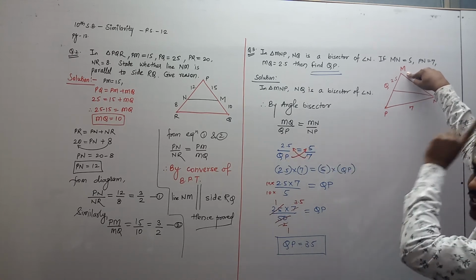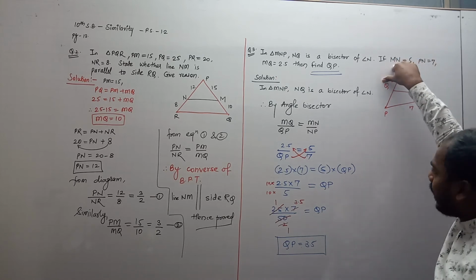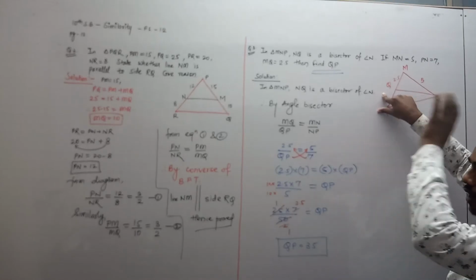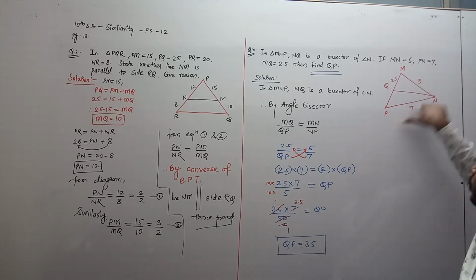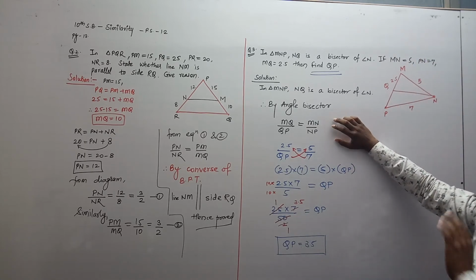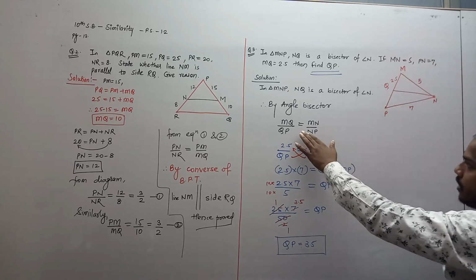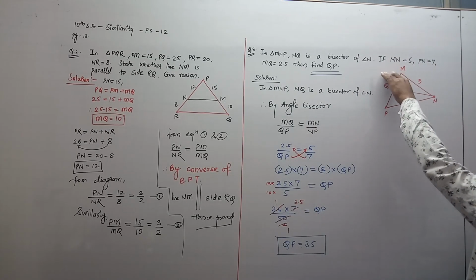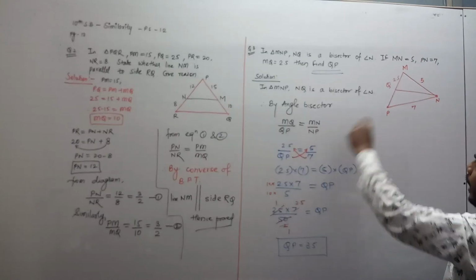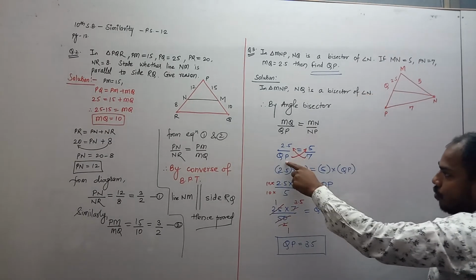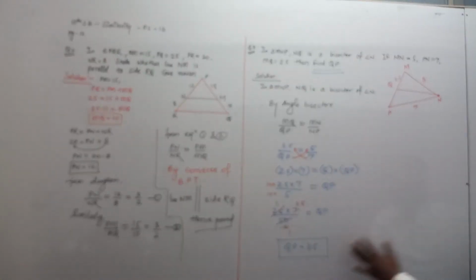I have taken M as a vertex and written MQ divided by QP, so I have to write the second ratio as MN divided by NP only. These two are the ratios, and they have given values of a few things. We substitute those values, and only QP is unknown, so we keep QP as it is and solve it. We get the QP value as 3.5.